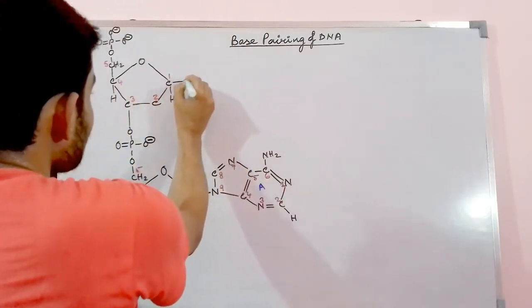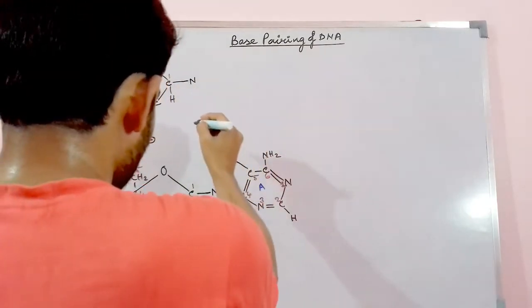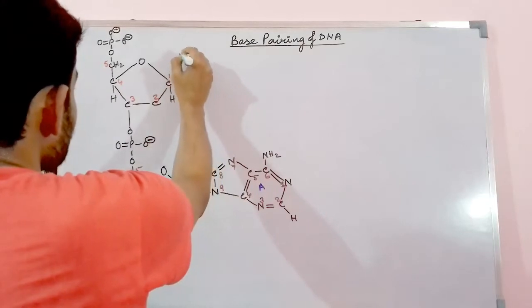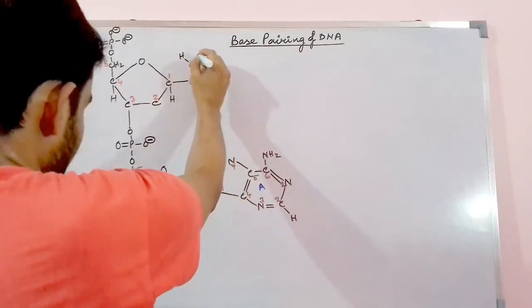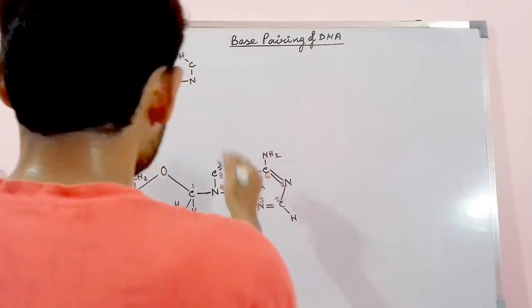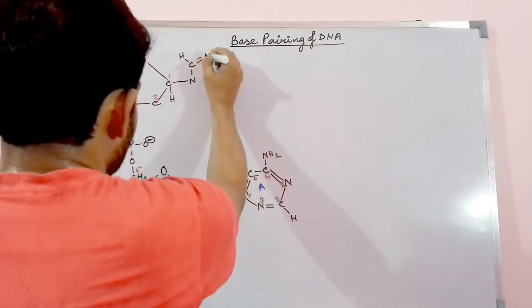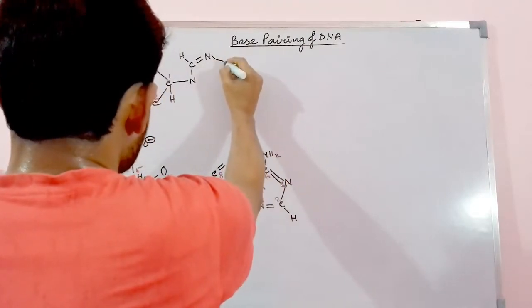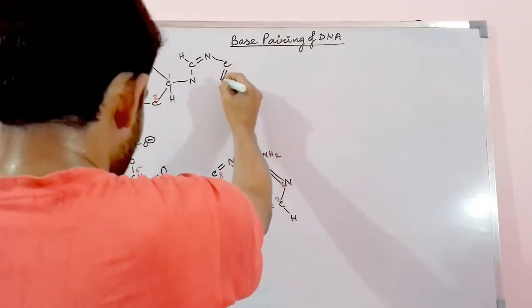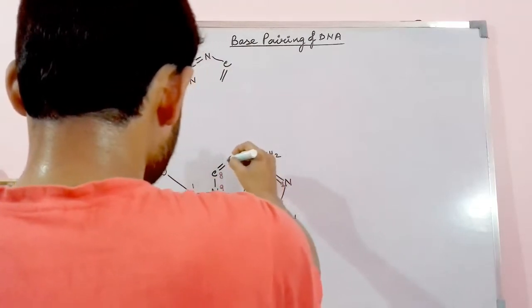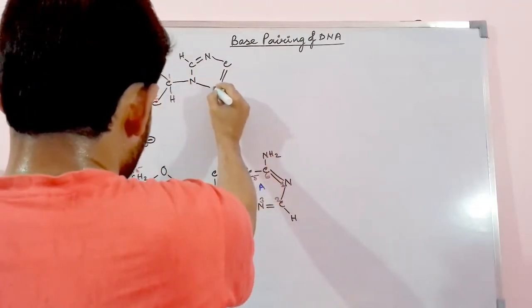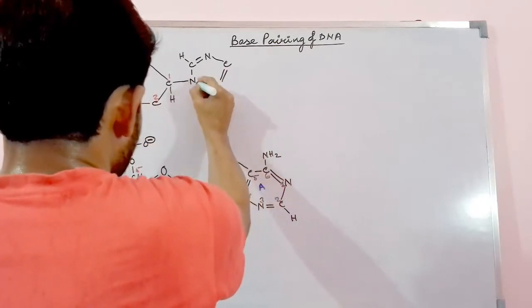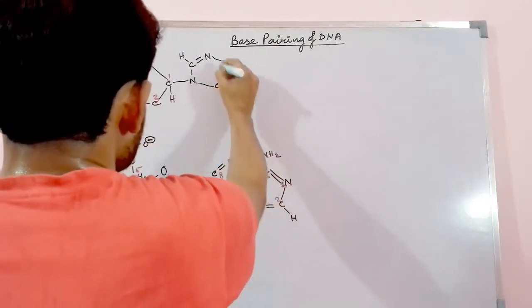Nitrogen, carbon is having the N bond along with the CH bond here, along with nitrogen, and here again it would be the carbon, here again the carbon atom present.